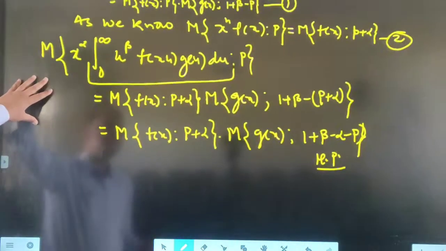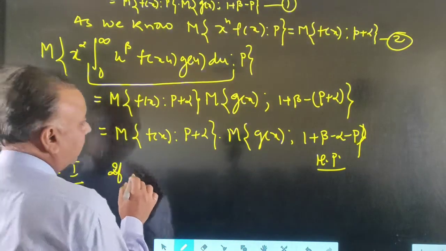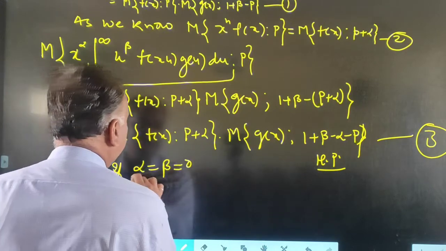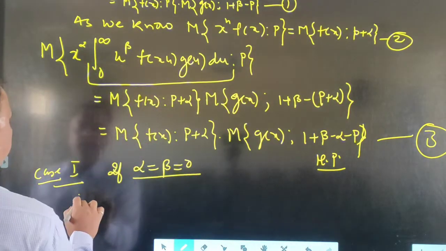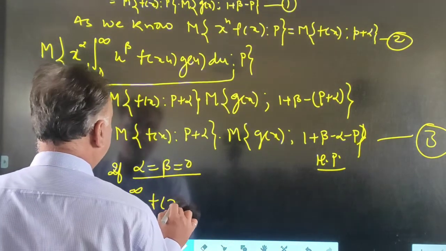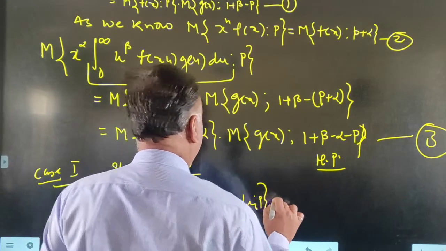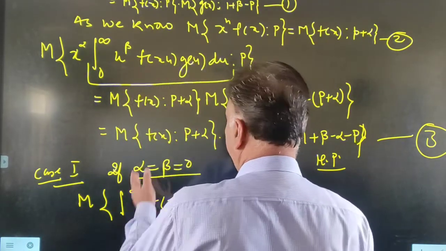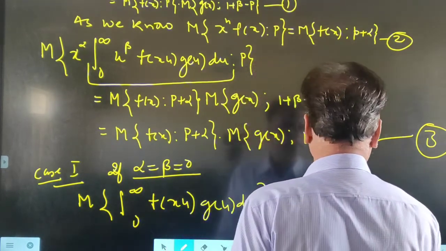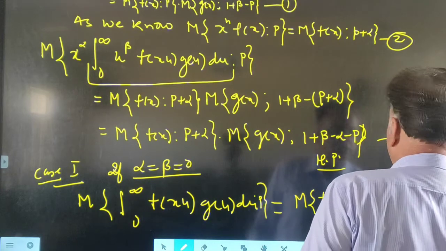Now if we put some particular cases, case first, if we take this one as number 3, if alpha is equal to beta is equal to 0, then the Mellin transform of the integral from 0 to infinity of f(xu) g(u) du with respect to p is equal to the Mellin transform of f(x) with respect to p into the Mellin transform of g(x), with alpha and beta 0, so this is 1 minus p.